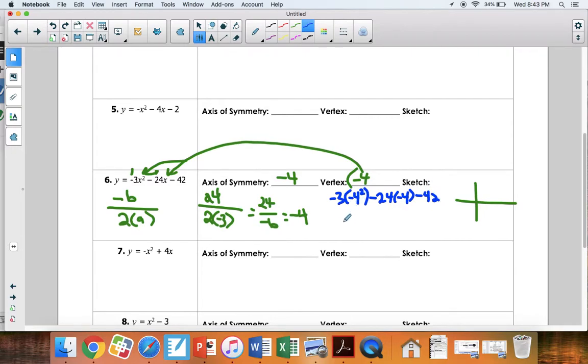So 4 squared is 16 times a -3, sorry. It's going to be 48 minus 24 times 4 is 96, and I have a negative and a negative, so now I'm at a positive 96.